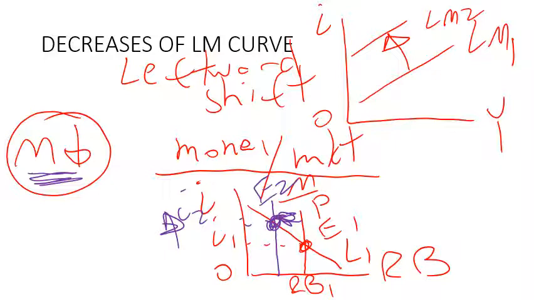And how do we translate this from the money market to the ISLM model? Well, that's the way we would translate it. A decrease in the money supply, a leftward shift of the money supply curve, would cause a leftward shift, a decrease in the LM curve.